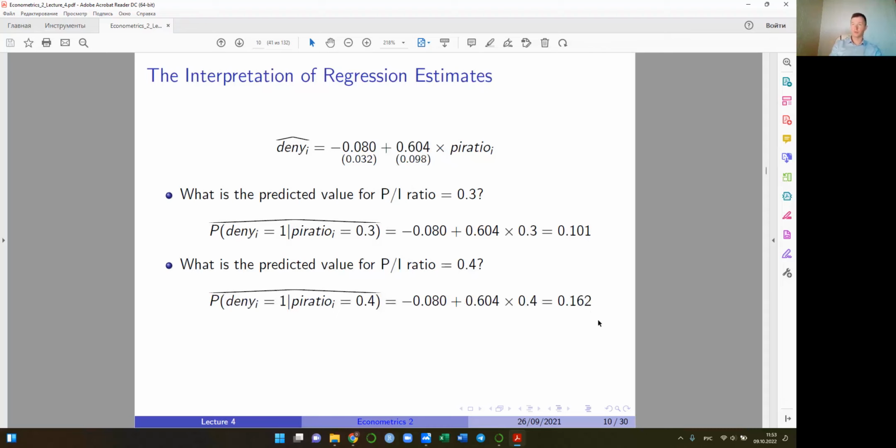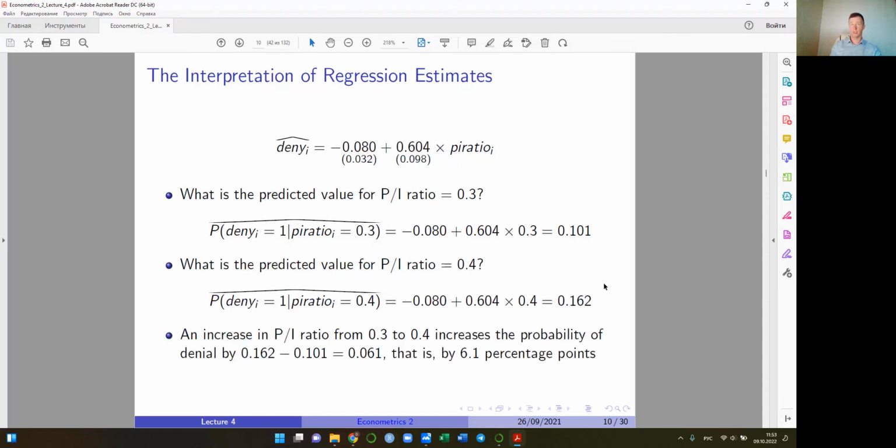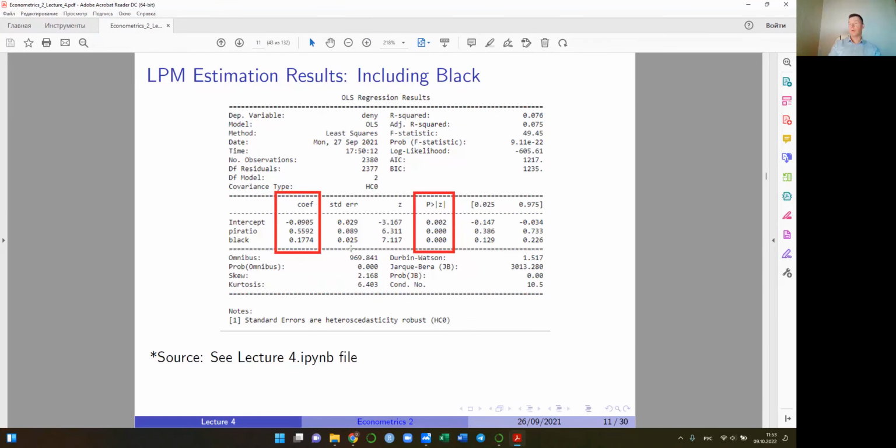So it's 16.2%. So the marginal change in probability of denial is 6.1% when the PI ratio increases from 0.3 to 0.4. When we extend this model with the binary variable black, what do we have?